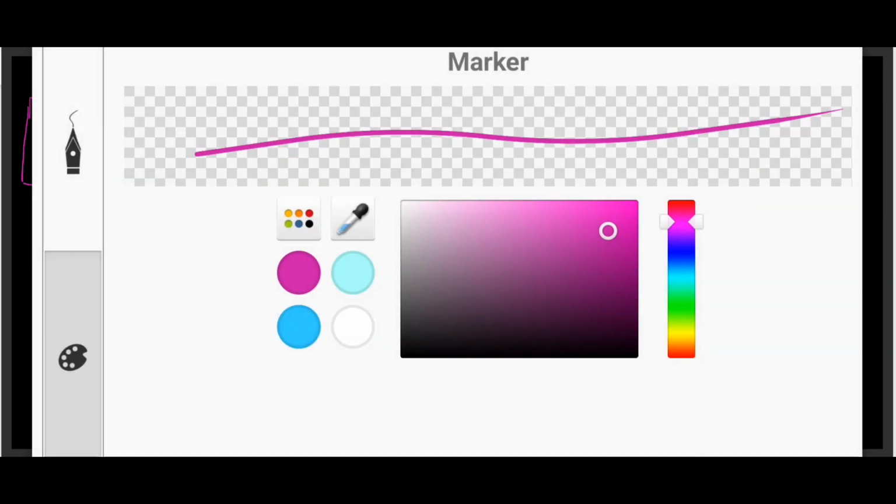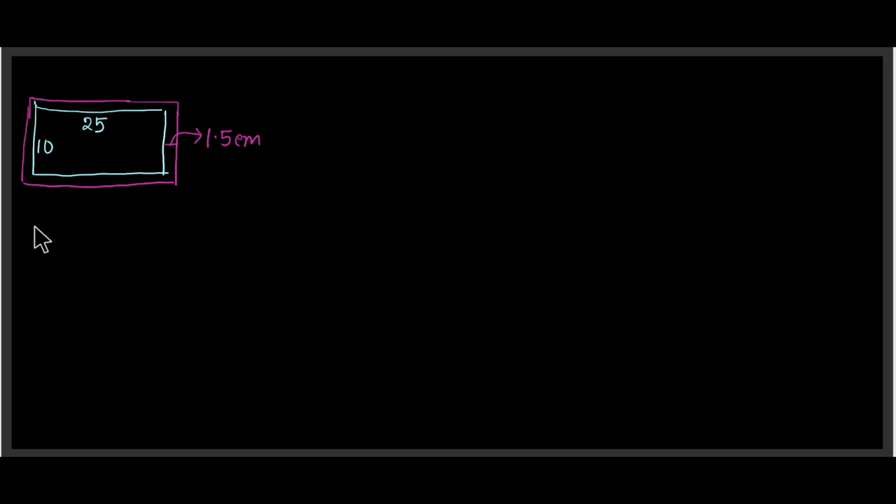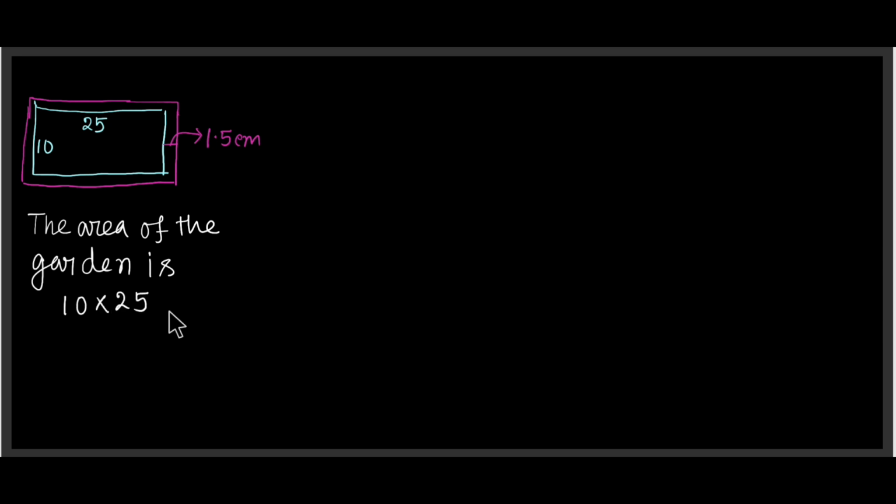Now we can say the area of the garden is 10 into 25, and it is 250 meter square.